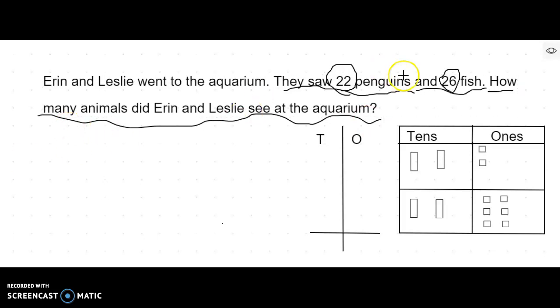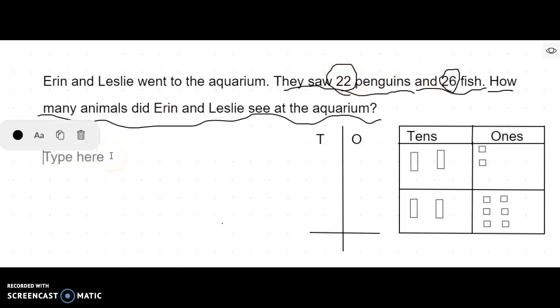All right, they saw 22 penguins and 26 fish. I need to know how many animals did Aaron and Leslie see at the aquarium. So I need to know how many animals total Aaron and Leslie saw at the aquarium. Does that mean addition or subtraction? It means addition, yeah. Two-digit addition, because there's 22 penguins and 26 fish.